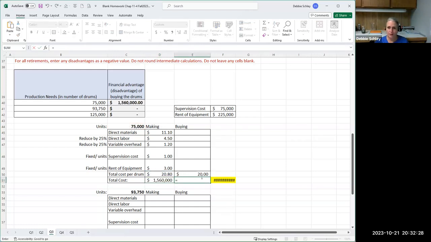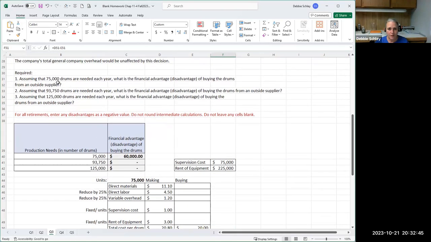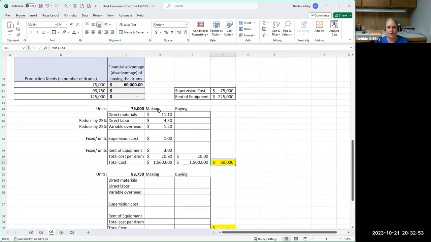And then again, per unit times the number of units. And then this is my financial advantage or disadvantage of, what was it? Buying. So there, we're checking to see if buying is more or less than, and that's how we'll know if it's a financial advantage or disadvantage.